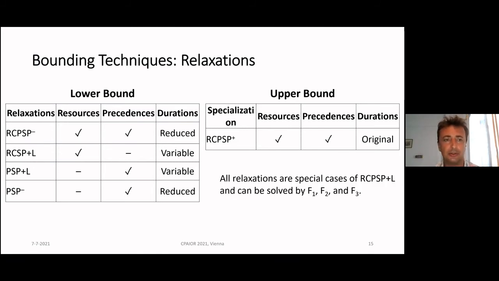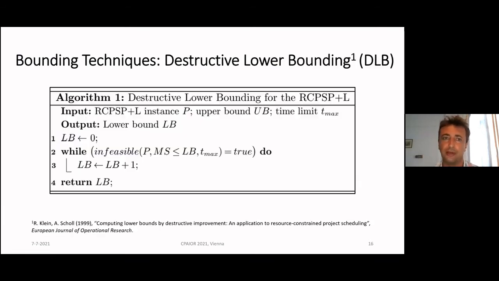All these models that we used for lower bounding and upper bounding can be expressed using the RCPSP plus L because they're special cases of that. So we can use formulations 1 through 3 for that. Additionally, we added a lower bounding technique that's known as destructive lower bounding.